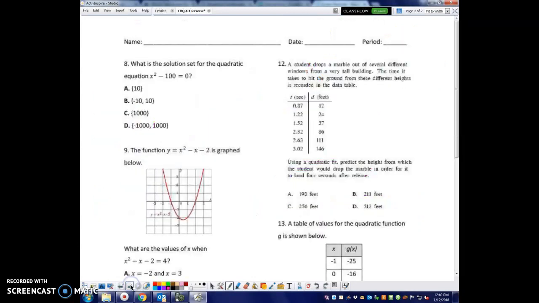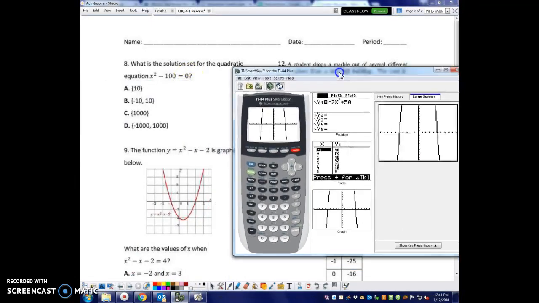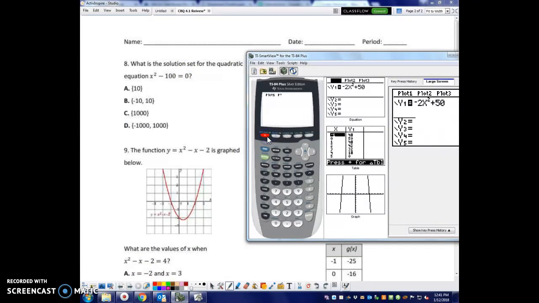All right, backside. Number 8. What is the solution set to the quadratic equation x squared minus 100 equals 0? So everything's all on one side. Take out your calculator. Type it in. Y equals x squared minus 100. And graph.